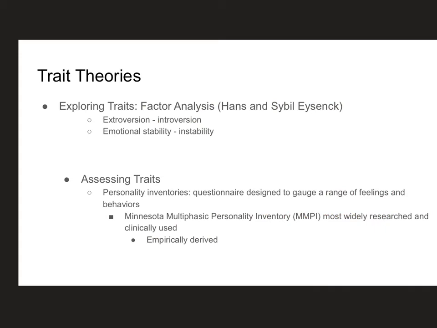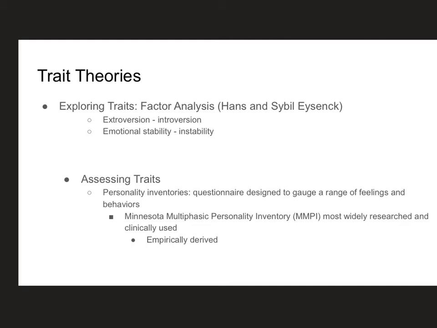Okay, so trait theories. These are when we explore individual traits that make up your personality. This theory tends to be the most tested, so therefore the most applicable to today.